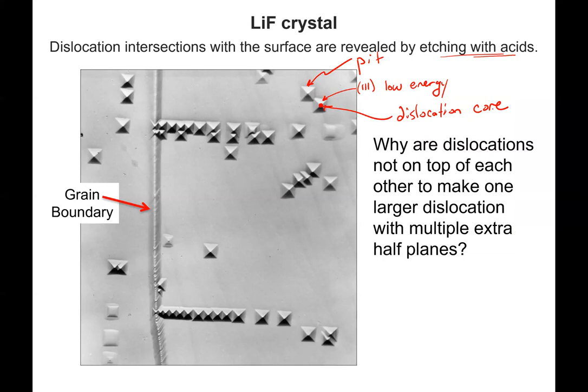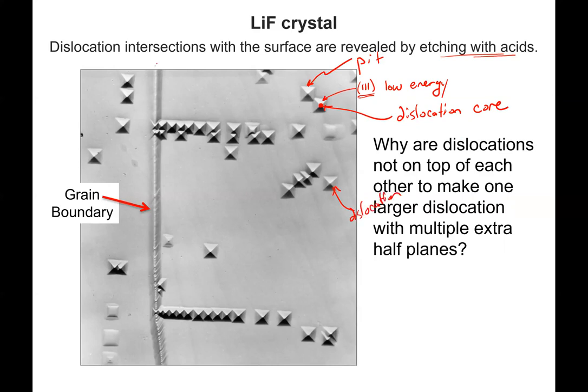And the reason the 1-1-1 is showing is because that's a way of minimizing the energy of this new area you're creating by displaying or showing the lowest energy planes. Okay. So each of these represents then a dislocation.